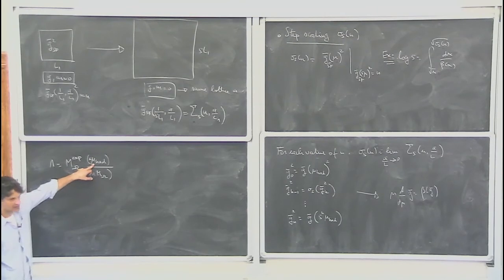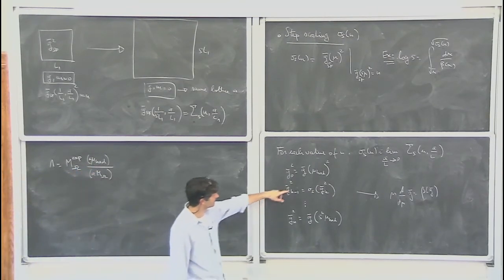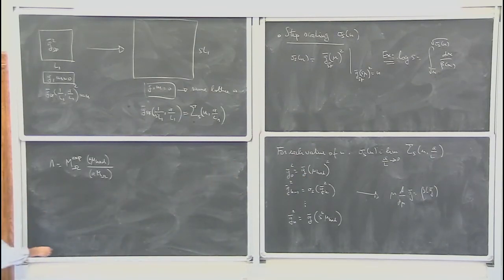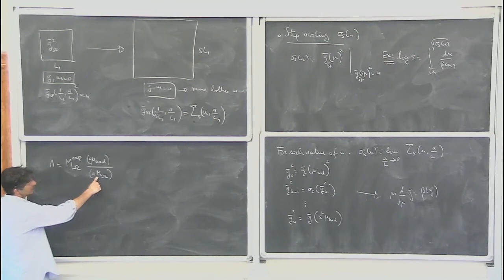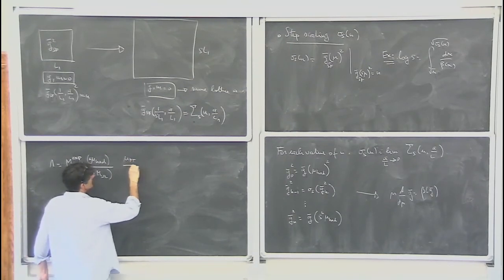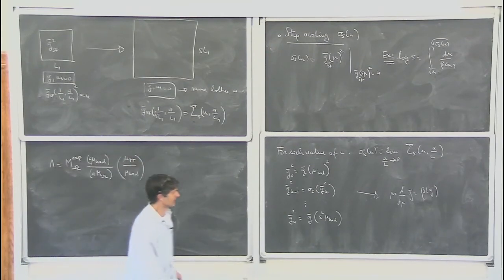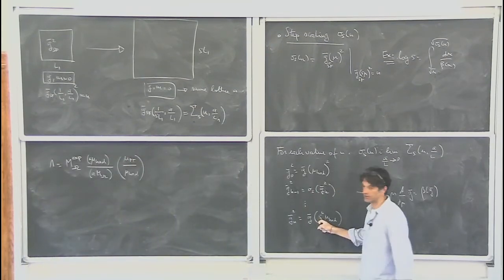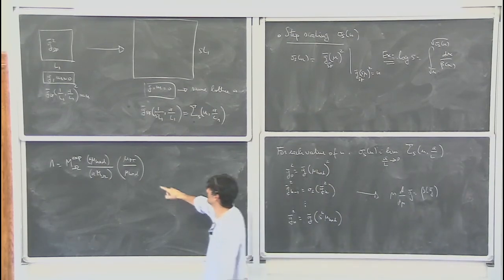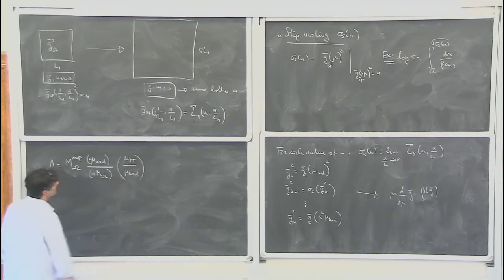This is a quantity that you measure in a lattice simulation, at the initial scale of your step scaling procedure. This is also a quantity that you can measure in a lattice simulation. Then you have mu pt over mu hadronic. This is just s to the n. Okay. This is the scale factor that you get by doing step scaling.